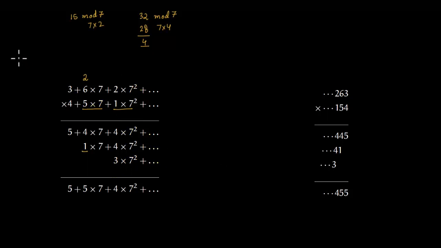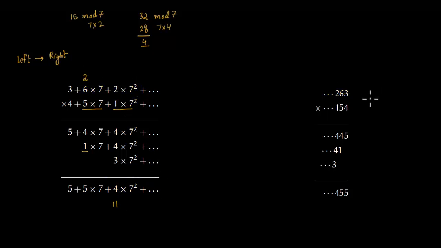So again, how we are going from left to right. So now you can add this up again, going from left to right. You have 5, 4 plus 1 is 5, then 4 plus 4 is 8, 8 plus 3 is 11, and 11 you modulo 7 out, you get 4, and so on.